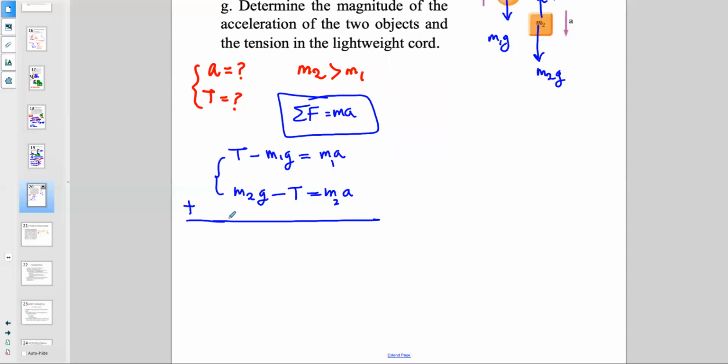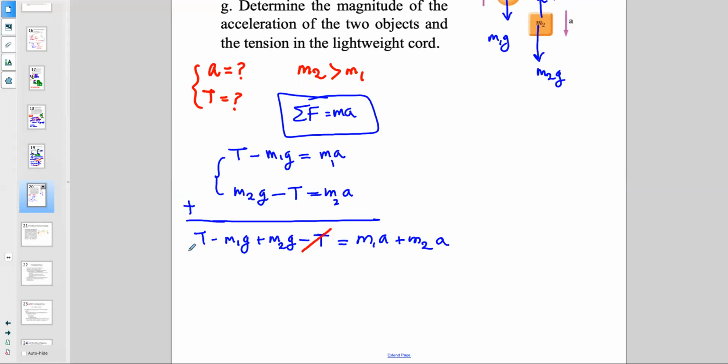So I will have T minus M1G plus M2G minus T equals M1A plus M2A. Something you can easily identify is that you have a T here and a negative T here.